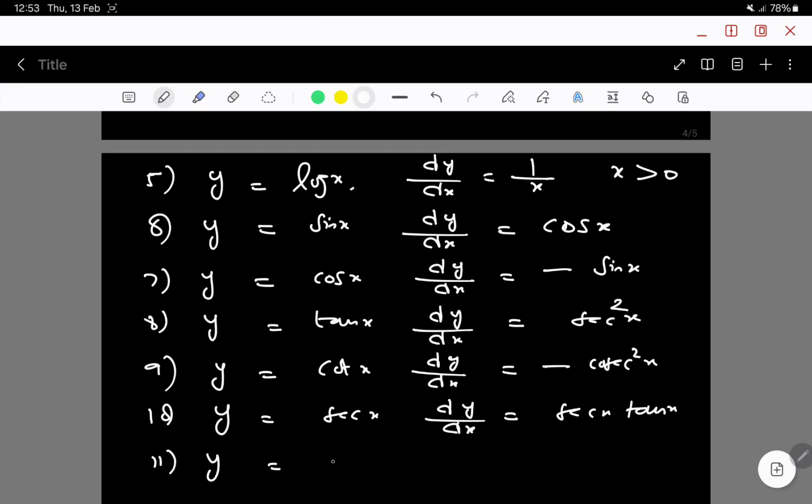Y equal to cosecant x: dy by dx is minus cosecant x cot x. So these are all the different formulas to find derivatives.